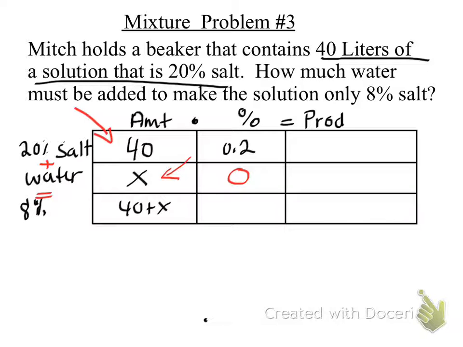So I'm mixing really salty with water to make it less salty. I start out with this really salty soup, 20%. Then I take water and I add it, so now there's only 8% salt. Does that make sense? Okay? And the bottom one is going to be 0 and 8 tenths. Are you guys with me?